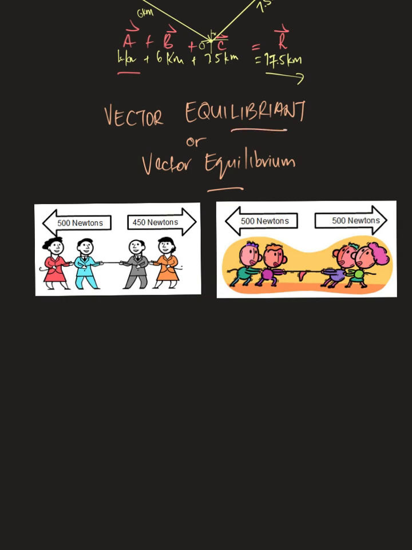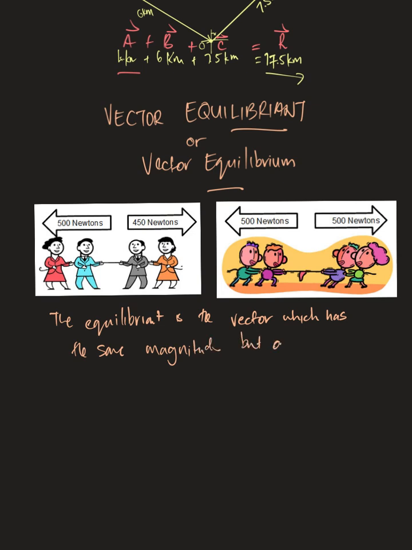You're not going to see it often, but when you do, what you need to understand is that the equilibriant is the vector which has the same magnitude but opposite direction to the resultant vector.